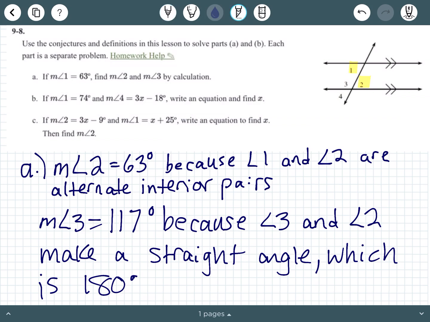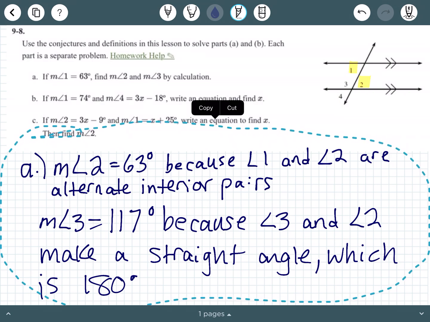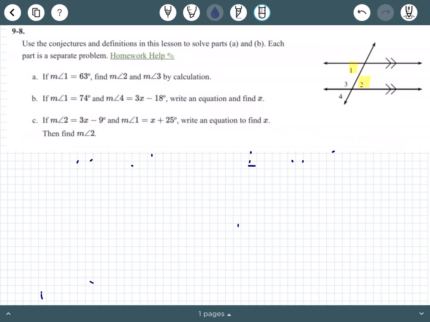All right, let's take a look at part B now. So that's all for A. You can always pause the video if you need more time to write. All right.